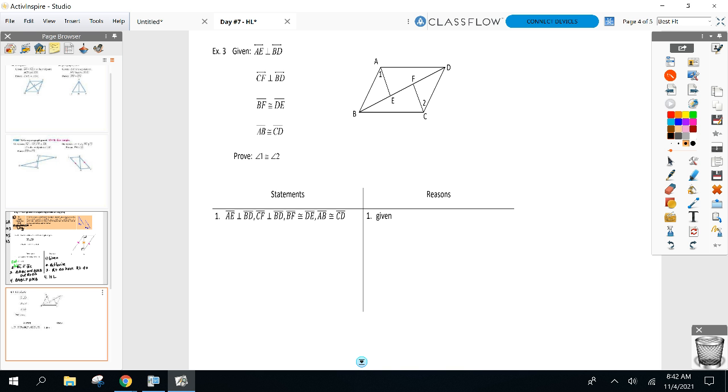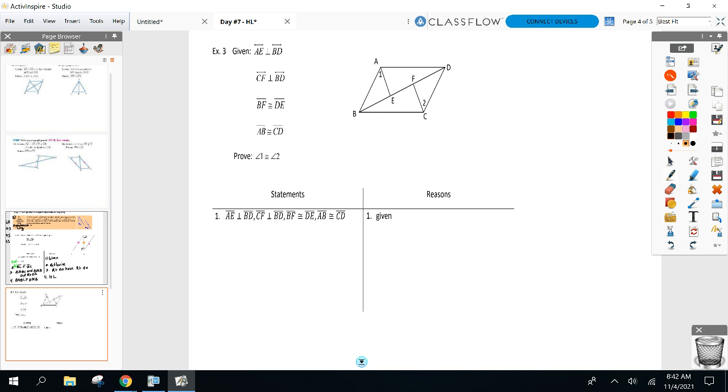What's going to make 1 congruent to 2 after we prove the triangles congruent? CPCTC. Good, but it doesn't happen unless the triangles are congruent. So do we see the triangles that contain 1 and 2? Do we see them? Let's get them congruent so we can say CPCTC.